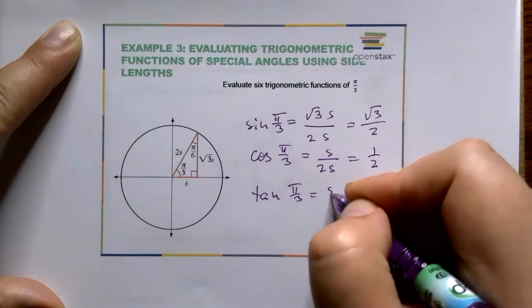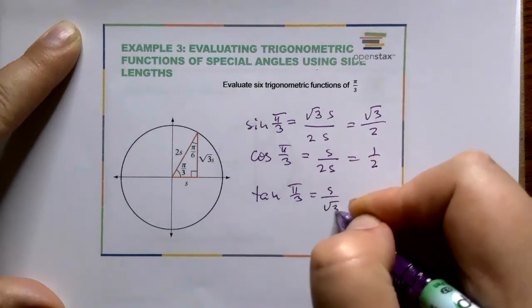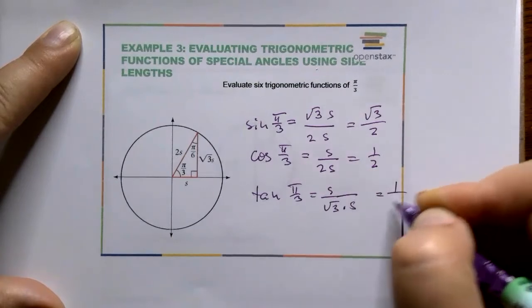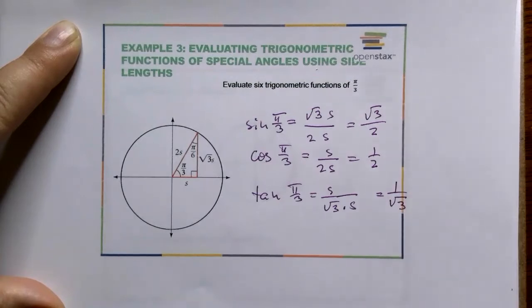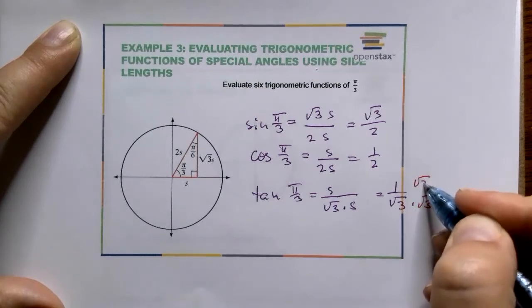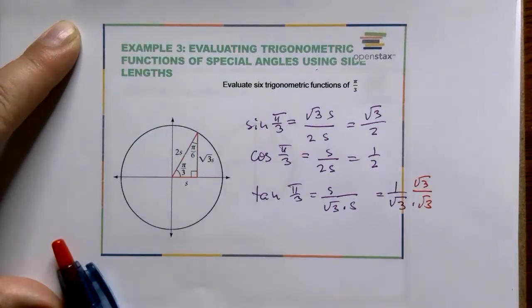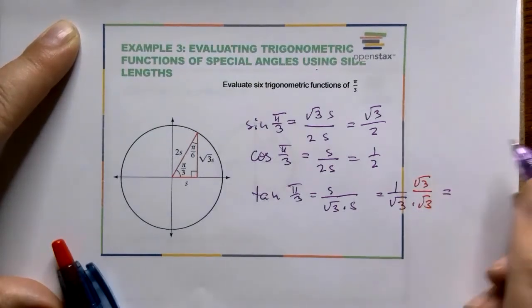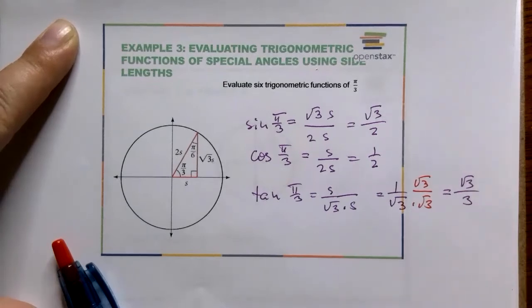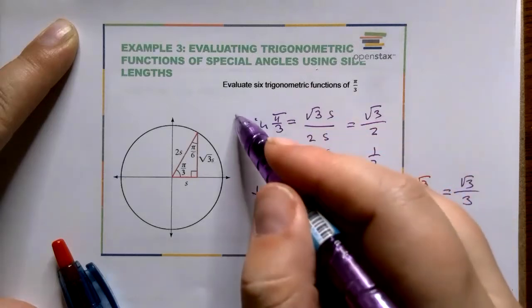So s over the square root of 3 times s, which will give you 1 over the square root of 3. And again, we need to rationalize the denominator. I think I forgot to do that last time we calculated it out. So I have square root of 3 over 3.